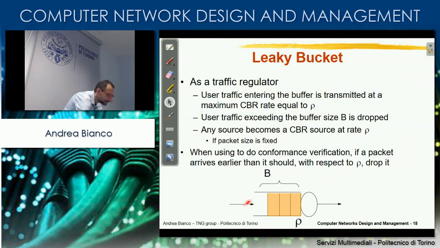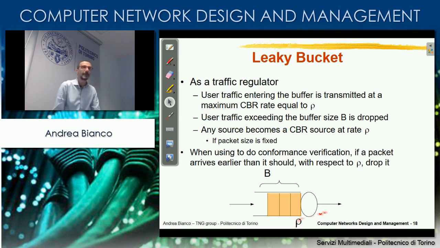This traffic is stored in a temporary buffer up to a given size, just because we have to limit the buffer for practical reasons. And then we have a regulator at speed rho, which basically allows this packet to get into the network. So we are describing the leaky bucket as a shaper here.